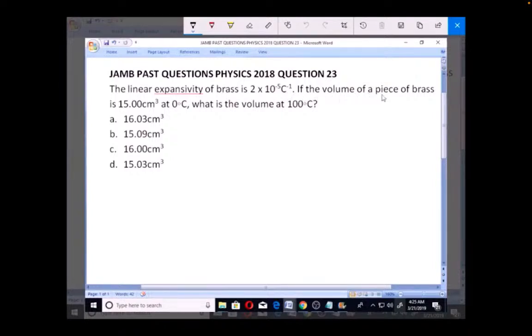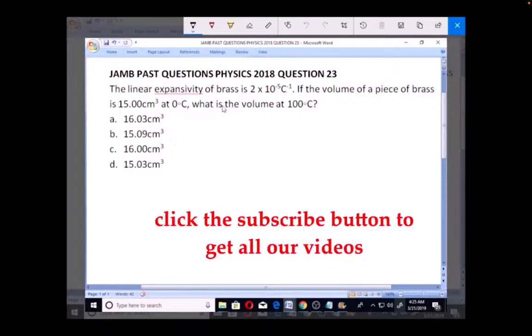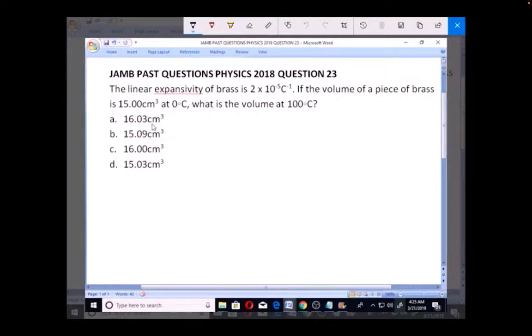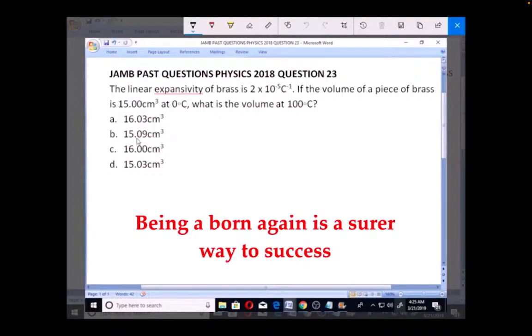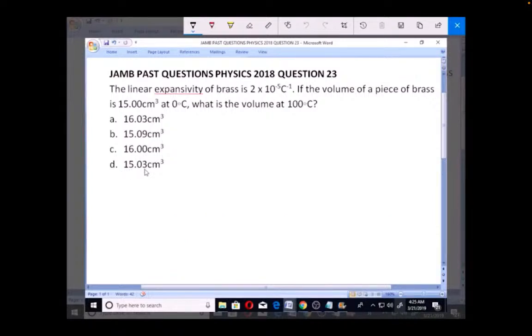If the volume of the piece of brass is 15.00 cm cubed at 0 degrees Celsius, what is the volume at 100 degrees Celsius? A, 16.03 cm cubed, B, 15.09 cm cubed, C, 16.00 cm cubed, D, 15.03 cm cubed.